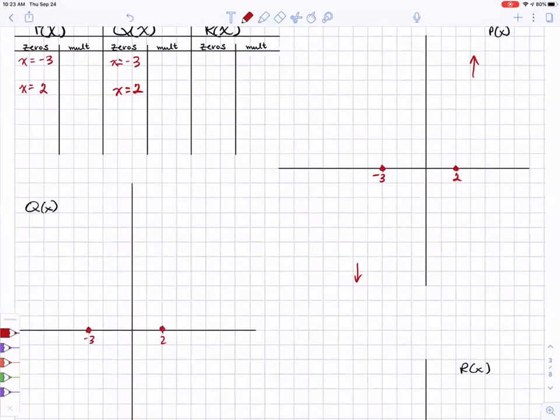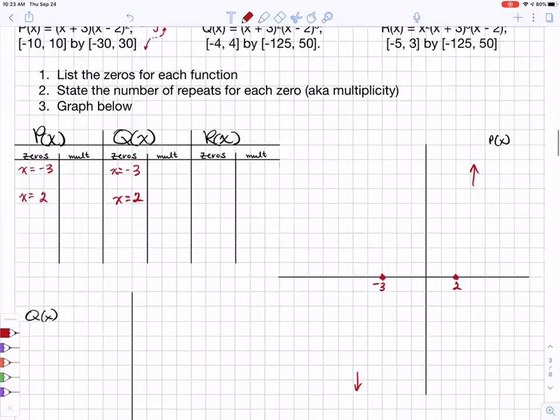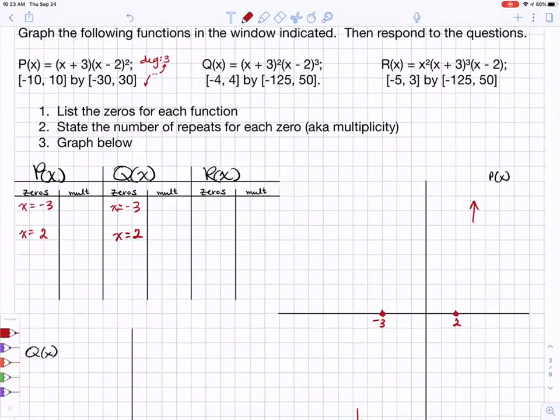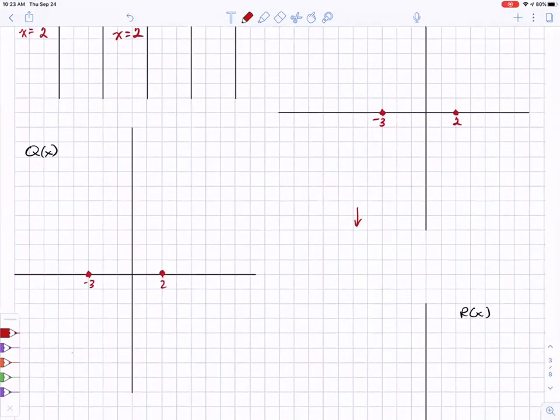So Q of X group, what did you guys get for your degree? Degree is 5. So we're thinking here that an x squared times an x cubed would be an x to the 5th power. So that's how we get that, and I agree. So what's the end behavior of a degree of 5? Interesting. So far, those two graphs look exactly the same. Maybe they really are the same. We'll find out.